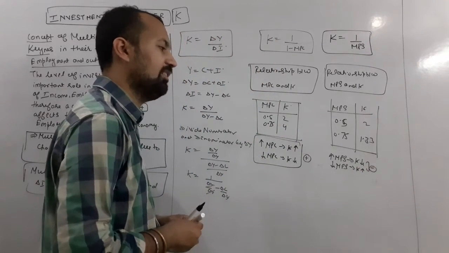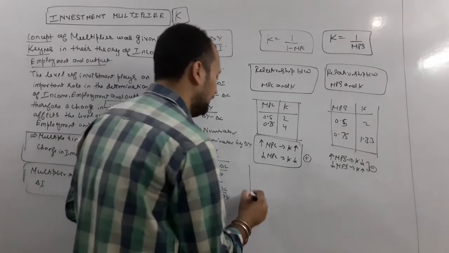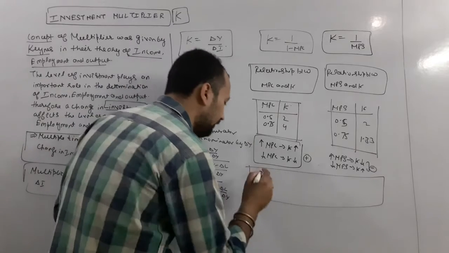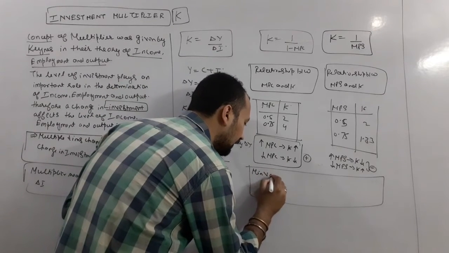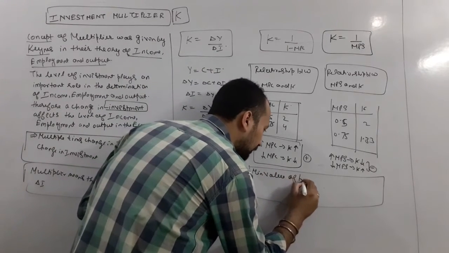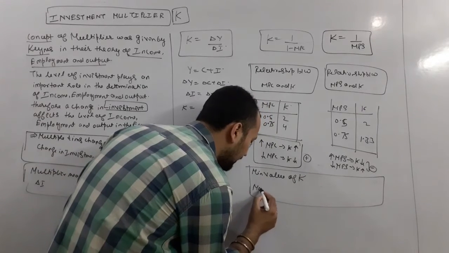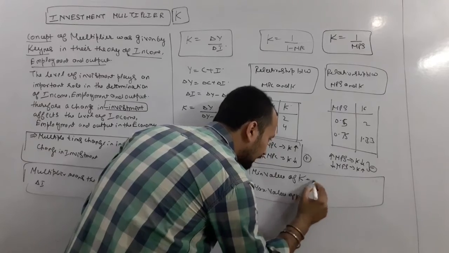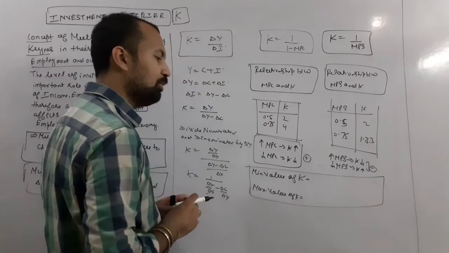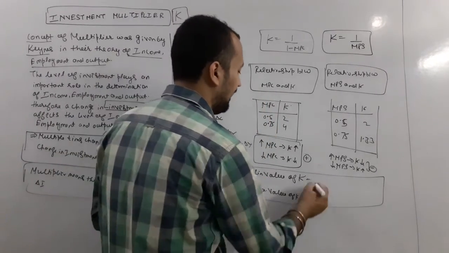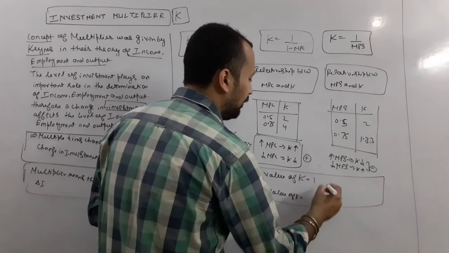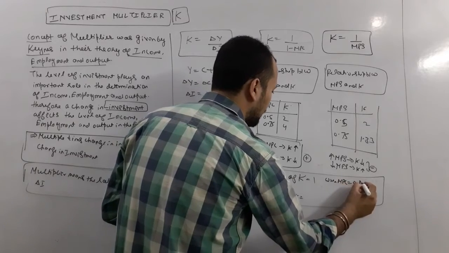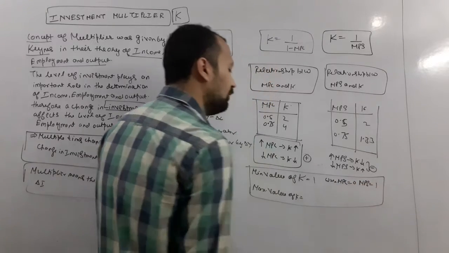Now the next situation is the most important part of this chapter. What is the minimum value of multiplier and what is the maximum value of multiplier, and in which situations does it become possible? The minimum value of multiplier is 1, when MPC is 0 and MPS equals 1.